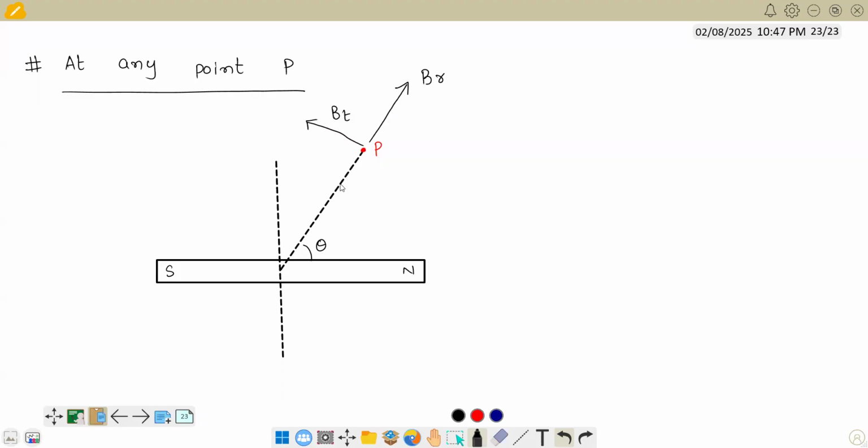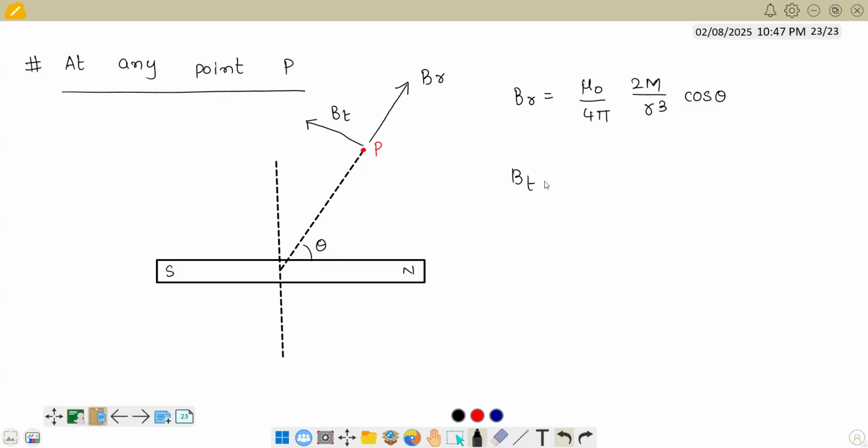One would be in the radial direction, another one in the tangential direction. Radial direction is mu naught by 4 pi. It is 2kp by r cubed into cos theta. In electrostatics, if you remember, it is 2kp by r cubed into cos theta. In place of k, we have this. So 2m by r cubed into cos theta.